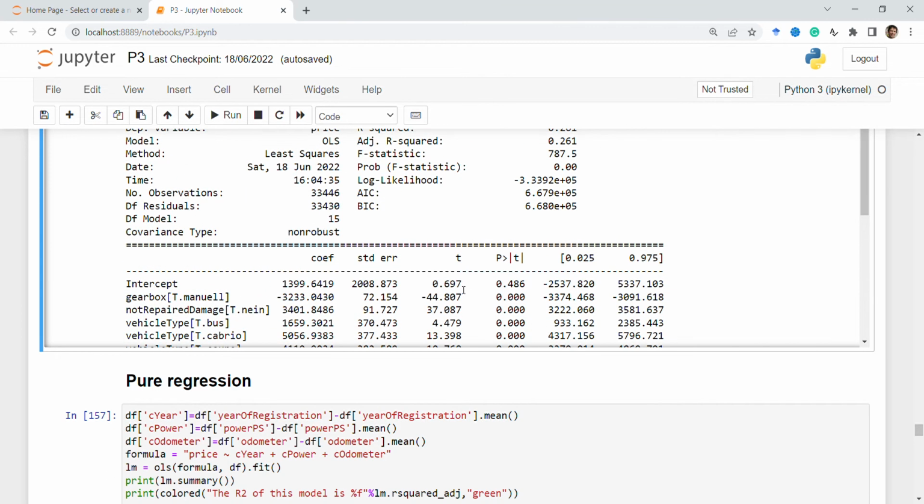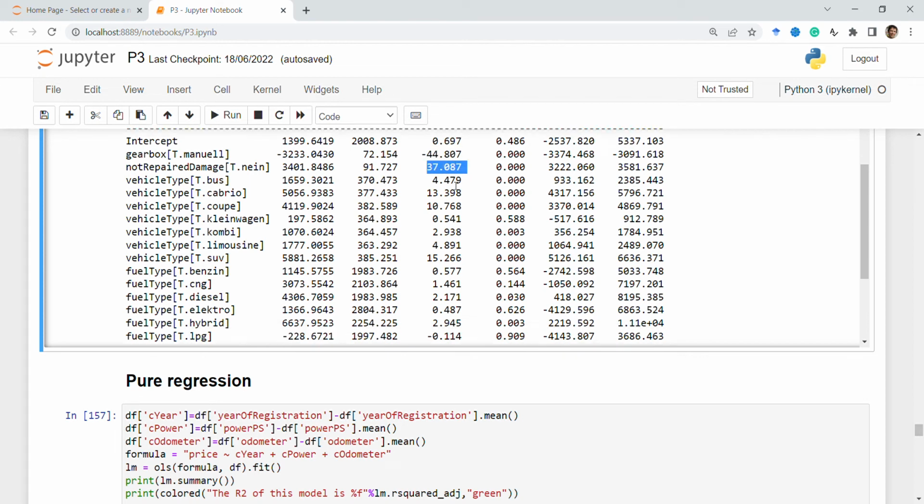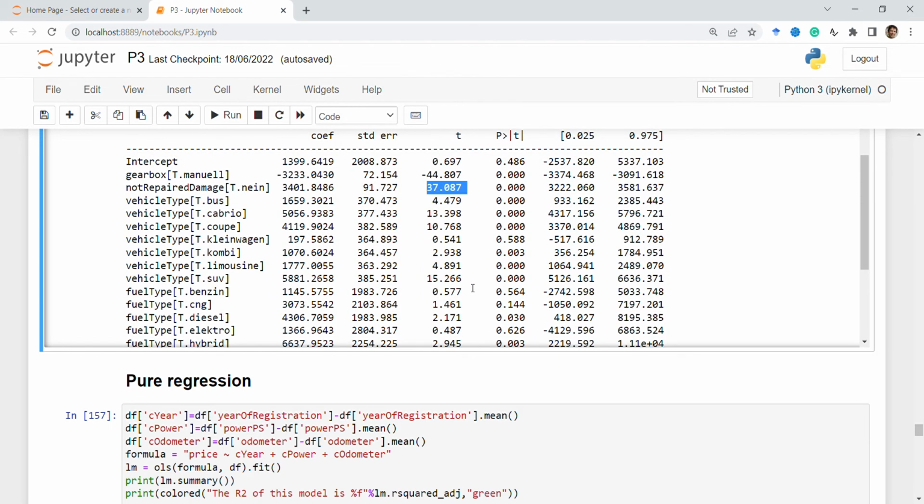And so how strong or not strong the model is, you have it through the T. So the T here plays the role of the F. So the strongest variable is the gearbox, and then we have the not repair damage, and then SUVs are also important, coupes and cabrios.